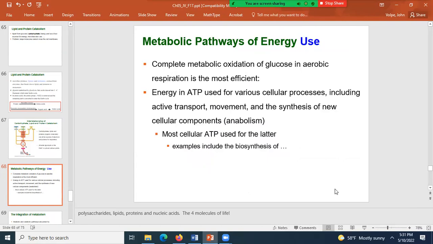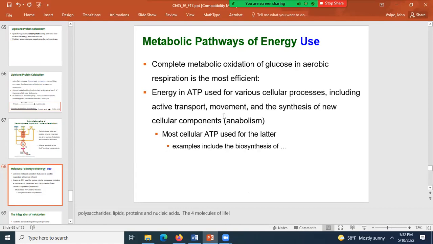So aerobic respiration is the most efficient way to generate ATP. And then ATP will be used by the cell for various cellular processes, such as active transport, moving a molecule across the cell membrane against its gradient. That costs ATP.